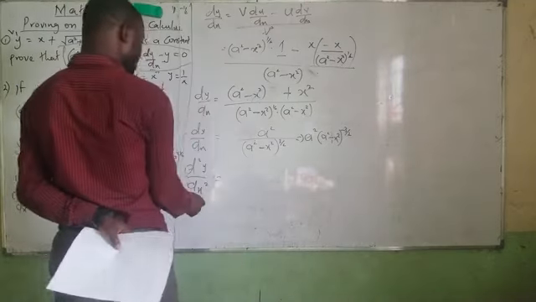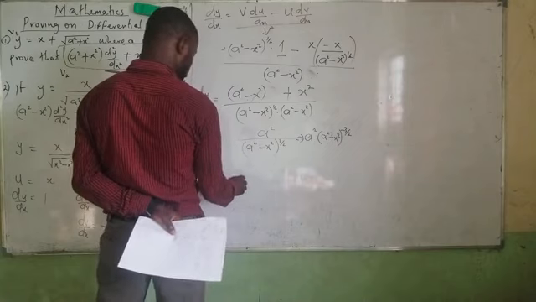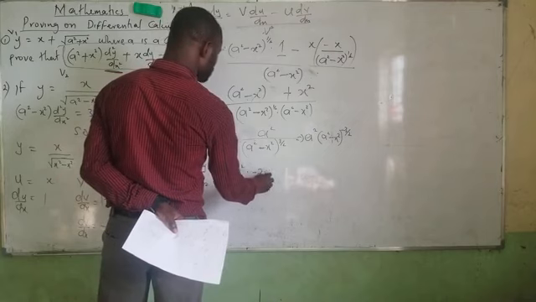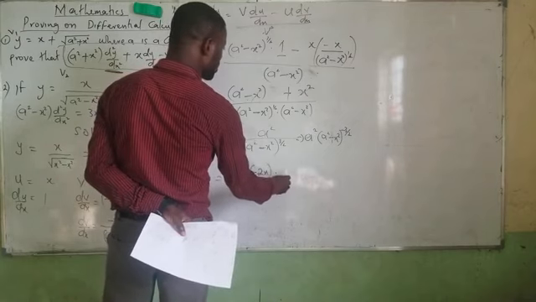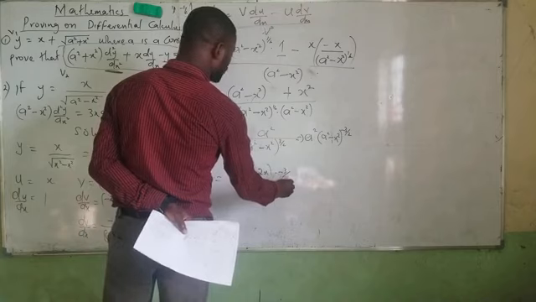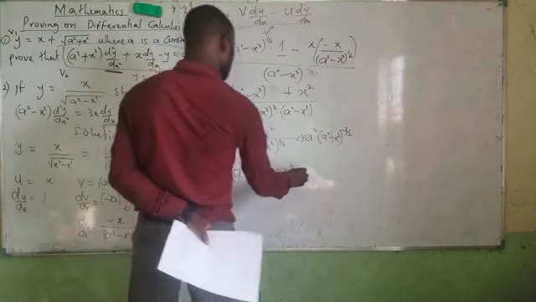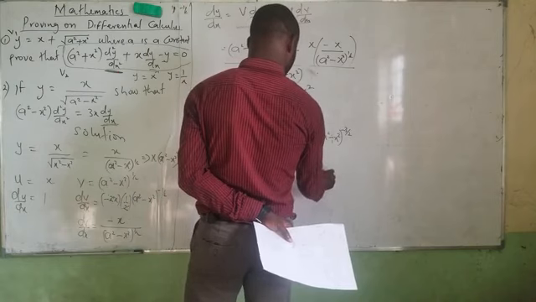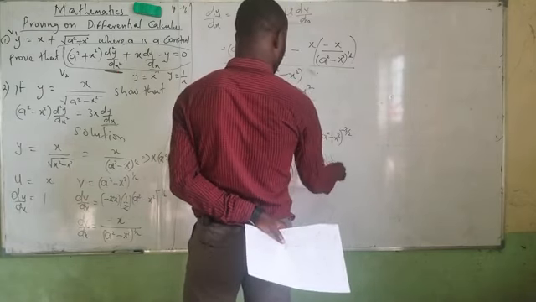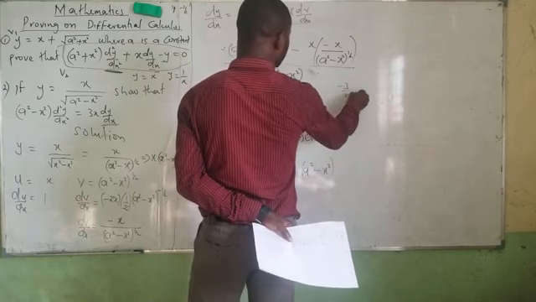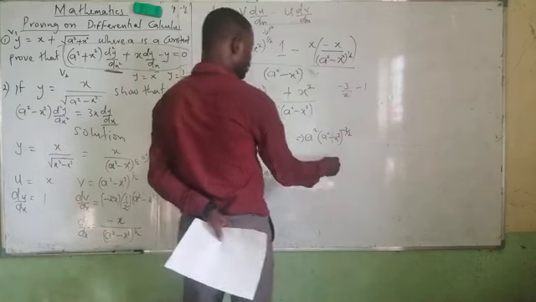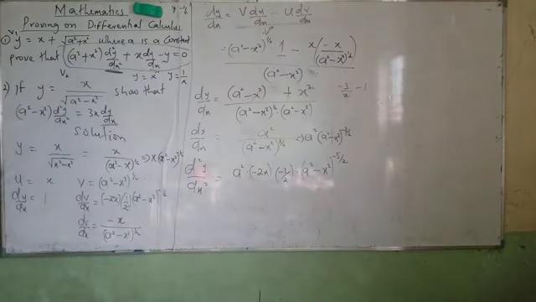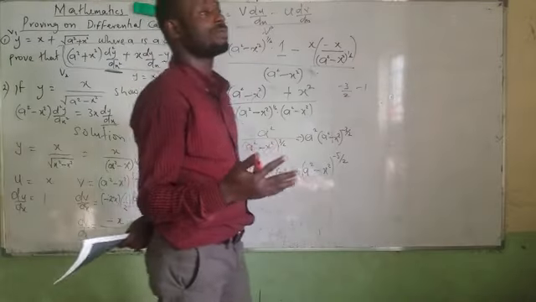If I differentiate this, I'll be having a squared, minus 2x, dot, minus 3 over 2, dot, a squared bracket of, if I have minus 3 over 2 minus 1, it will be equal to minus 5 over 2.